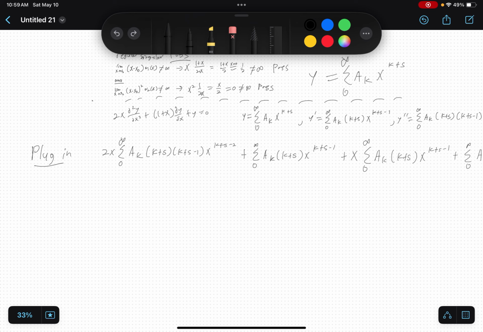All right, step 2, multiply in all of the x's that we have. And we can multiply in this 2 as well, I guess. Yeah, let's do that too.